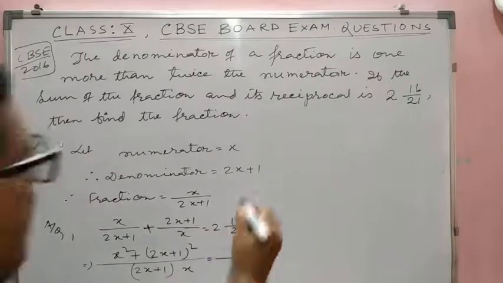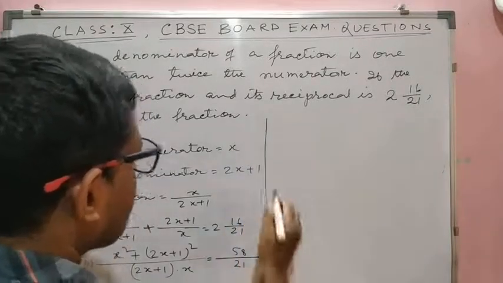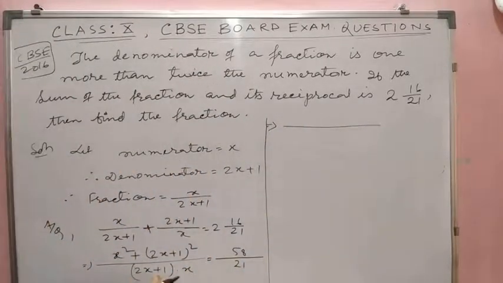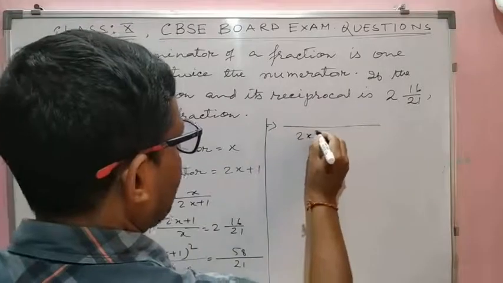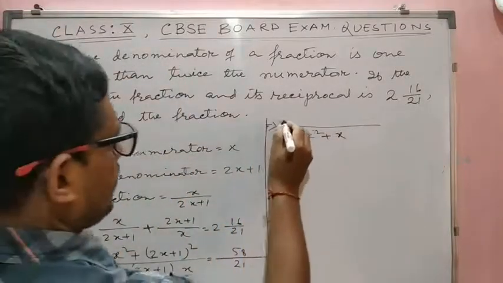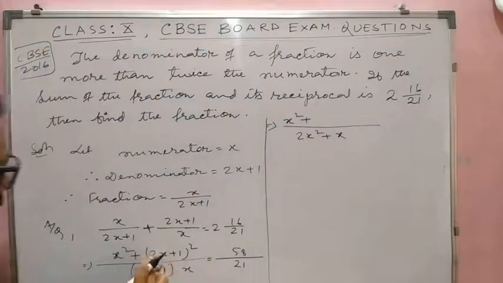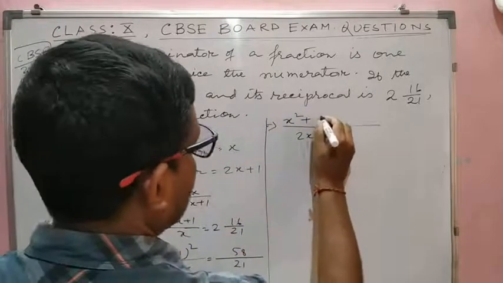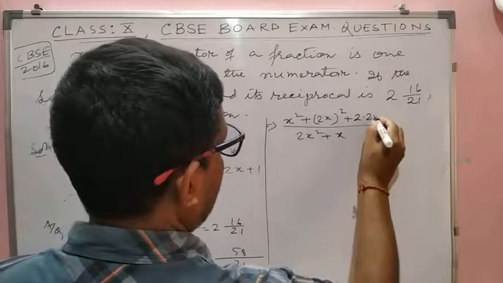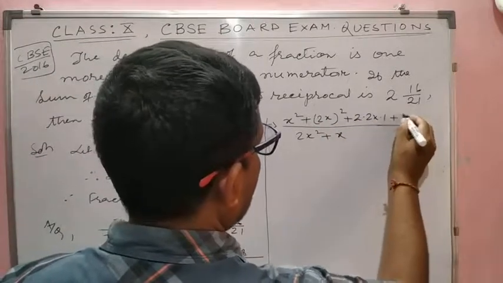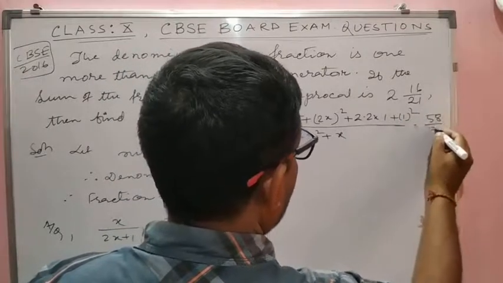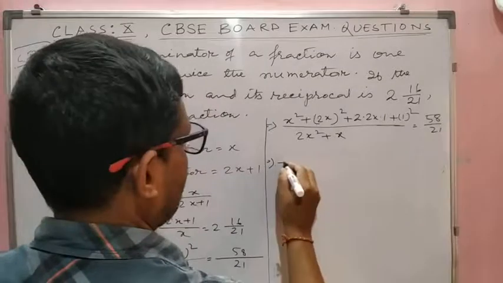Now let us see how to calculate this. This implies that this will be 2x square plus x. This is x square, and a plus b whole square, so we can write this as a square plus 2ab plus b square equal to 58 by 21.